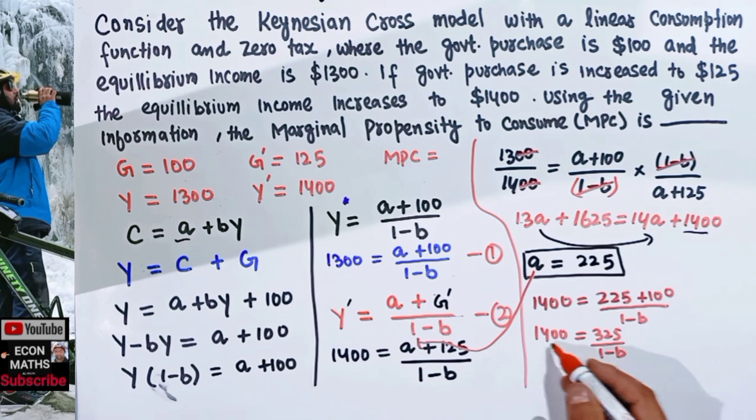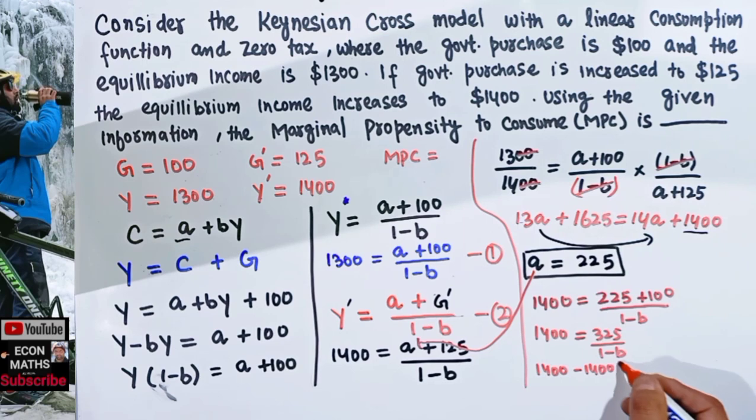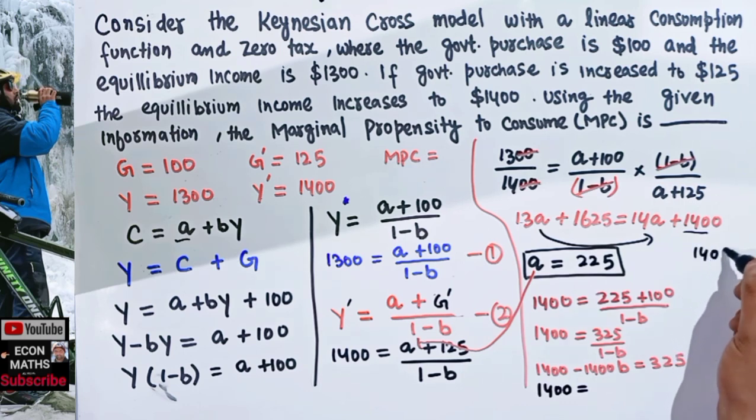Okay, so this is 1400, so it becomes 1400 minus 1400B is equal to 325. I hope I am making the calculation right. So we have 1400, to this we subtract 325.